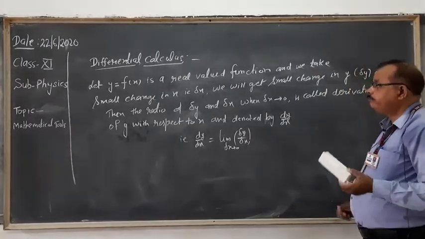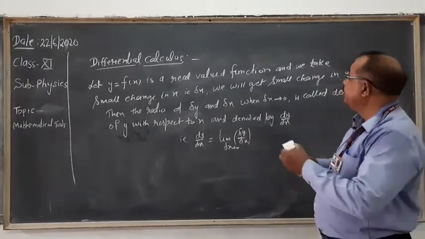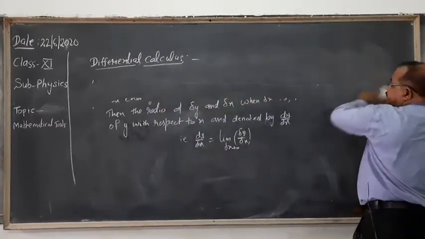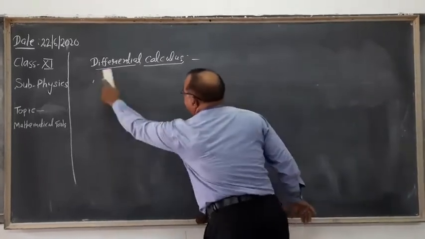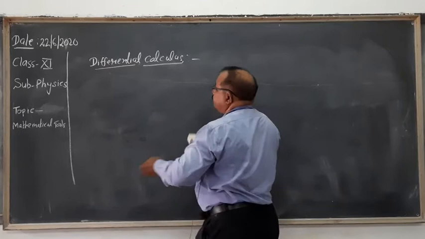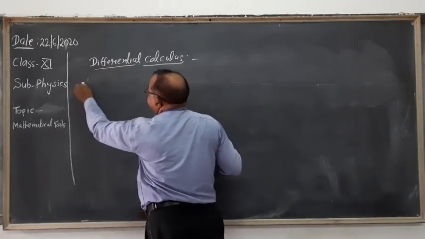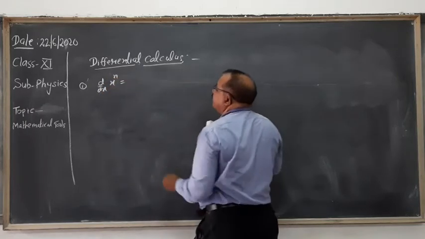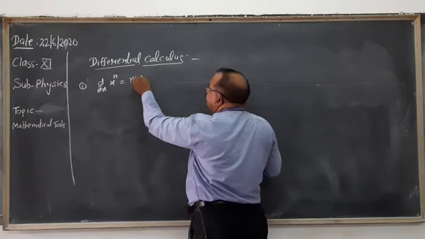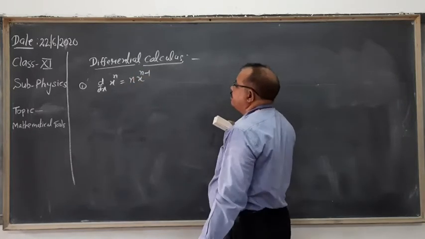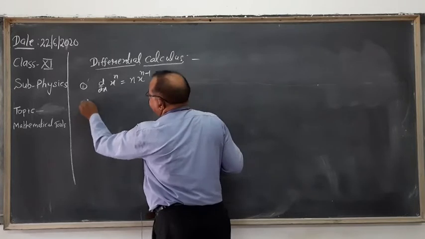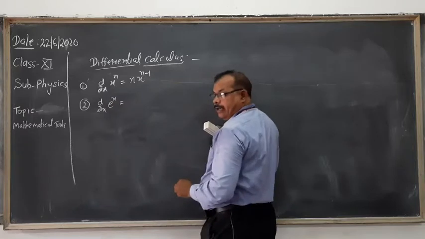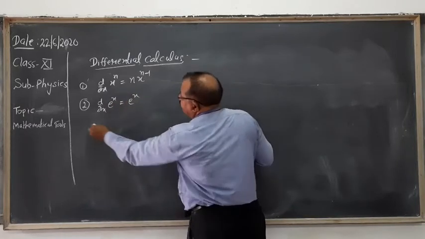So here I am taking some formulas and how these formulas are used. Now the important formulas. Number 1, dy by dx of x to the power n is equal to n x to the power n minus 1. This is the first formula. Number 2, dy by dx of e to the power x is equal to e to the power x.